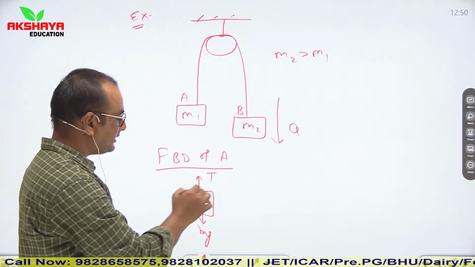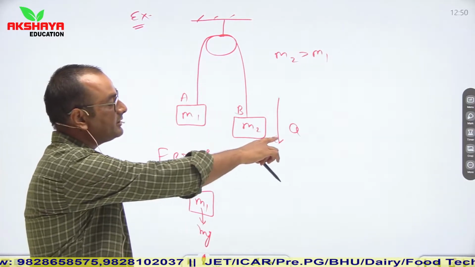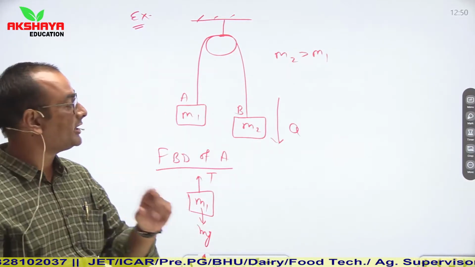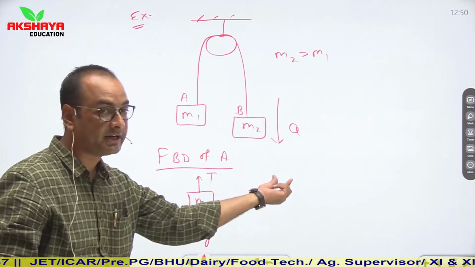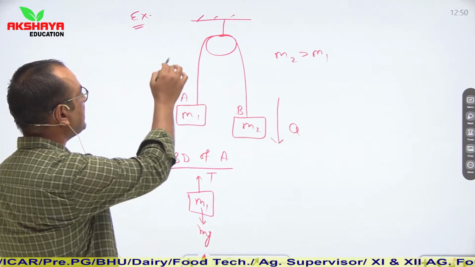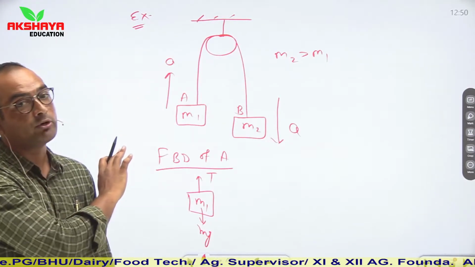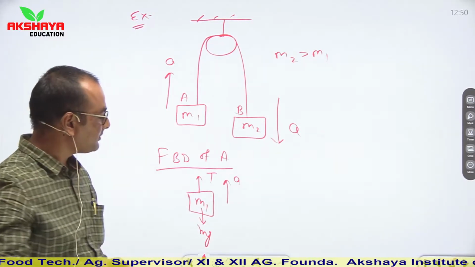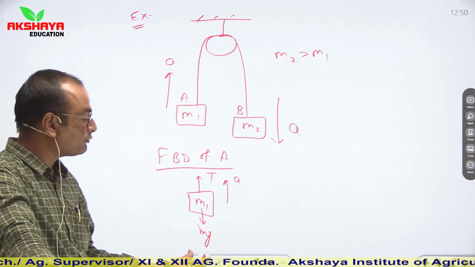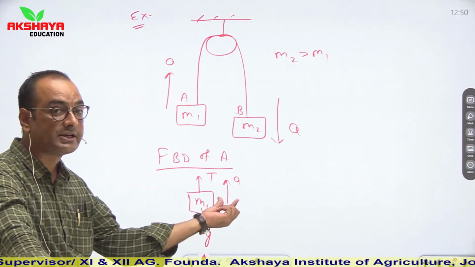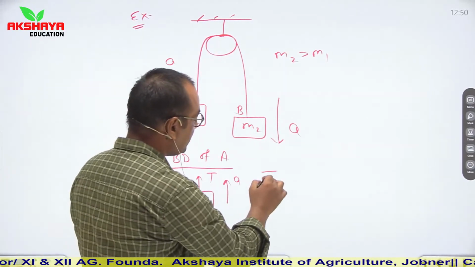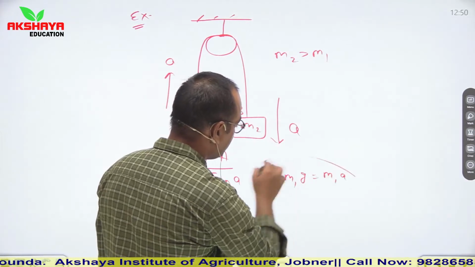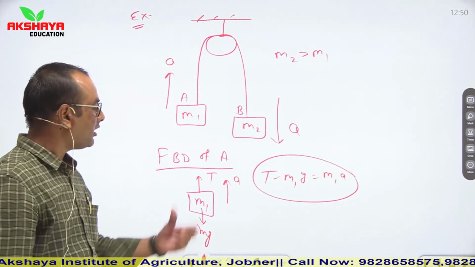So here tension is T. If m2 is accelerating vertically downwards, then m1 will accelerate vertically upwards by the same amount of acceleration. It means tension is upwards, m1g is downwards, so net force is causing acceleration. It means T minus m1g is equal to m1a. So this is the FBD of A.